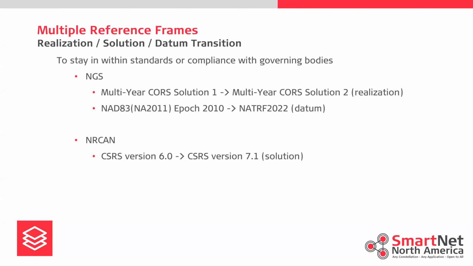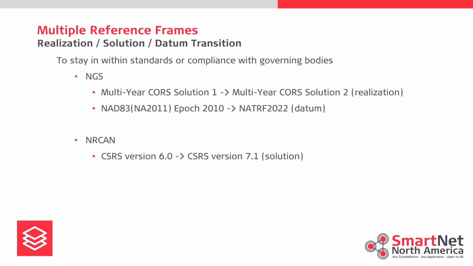NGS moving from NYCS1 to NYCS2. We need to be able to have a mount point that has NYCS1 and a mount point that has NYCS2 solutions, or in the future, back to Timothy's first question, when we go to 2022, we'll need to be able to go from NA 2011 EPIC 2010 to the new NATRF 2022 datum.